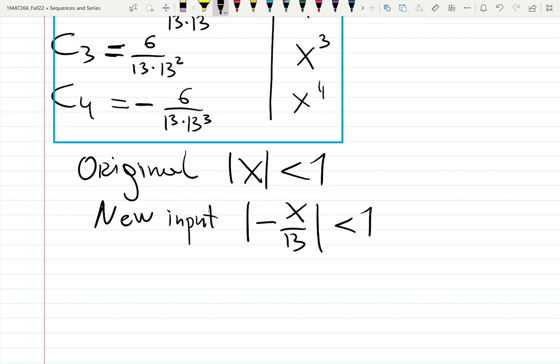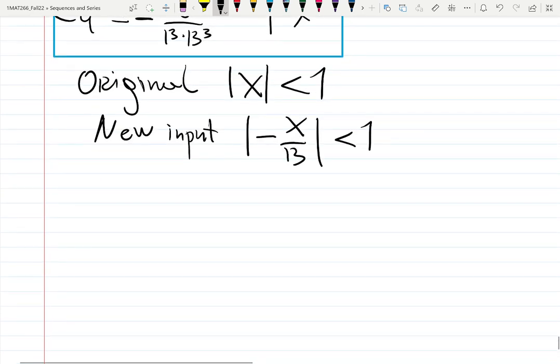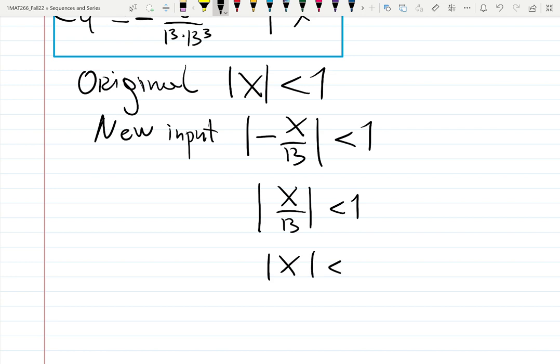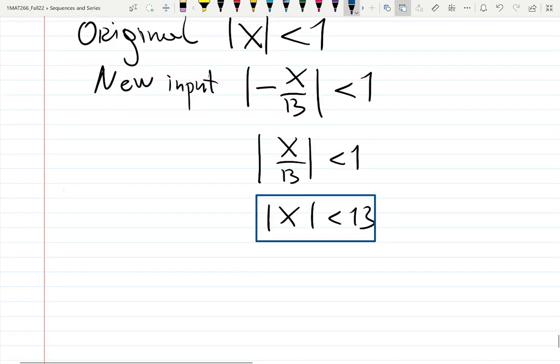So we need to solve for that. Don't be bothered by the negative sign. Absolute value gets rid of it. So, same thing as to say absolute value of x over 13 is less than 1. Multiply by 13, x by absolute value should be less than 13. That immediately indicates the convergence set.